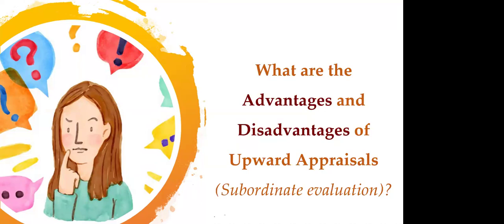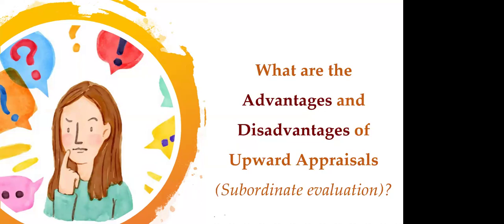Okay, in terms of subordinate evaluation, in my line of work, most subordinates do not get to give appraisal because it's assumed they are still learning. So most times they look up to their superiors to guide and direct them.